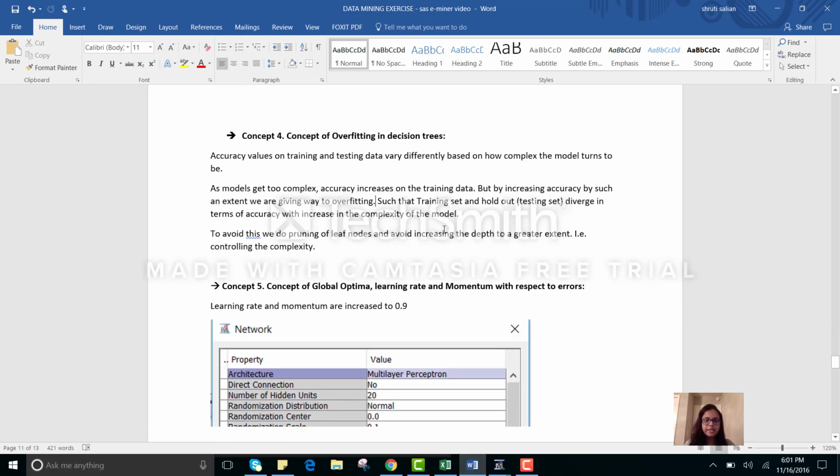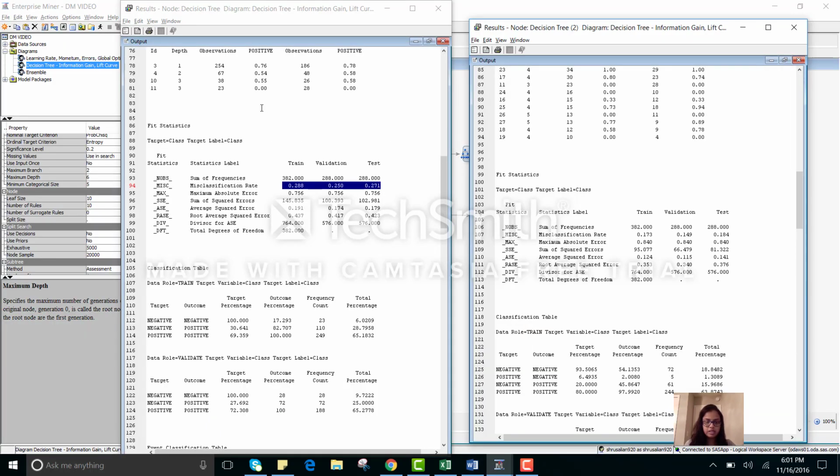The fourth concept is the concept of overfitting in decision trees. When we increase complexity, the error reduces and the accuracy increases. But doing this is an issue, as when we increase the complexity to a greater extent, this gives rise to overfitting.